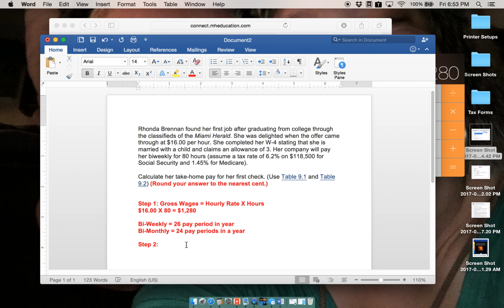It kind of gives a certain level of equality on the max that everyone can receive from Social Security for retirement purposes. So anyone who makes over that is not going to pay Social Security on wages in excess of $118,500. That's really not an issue for this problem, but they're just putting it in there so that you understand that this is the max amount that Social Security can be taxed on.